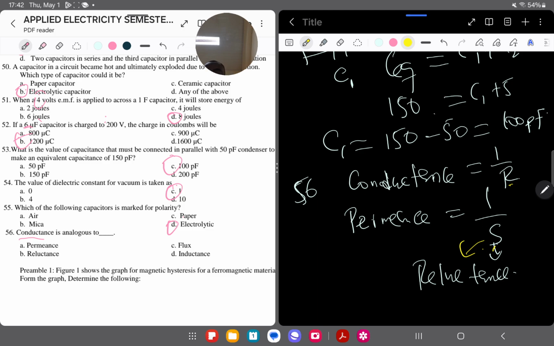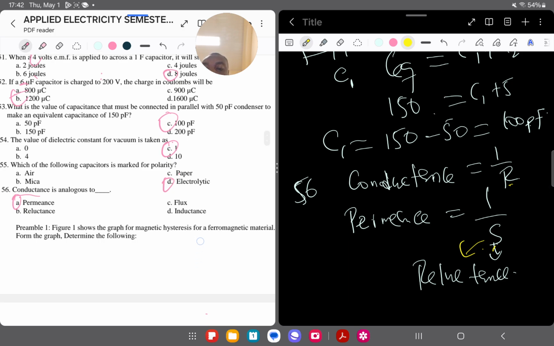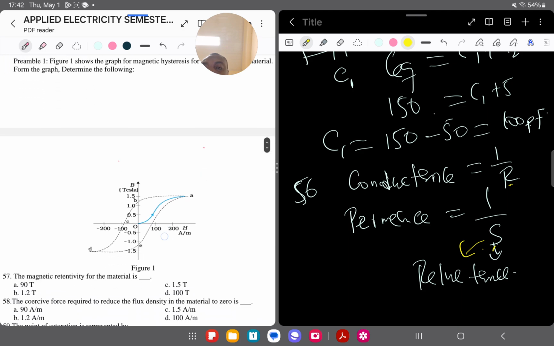So for question 56, the answer here becomes A, right? It's analogous because they are all dealing with the reciprocal of resistance. Reluctance here is the resistance when we are talking about a magnetic material.